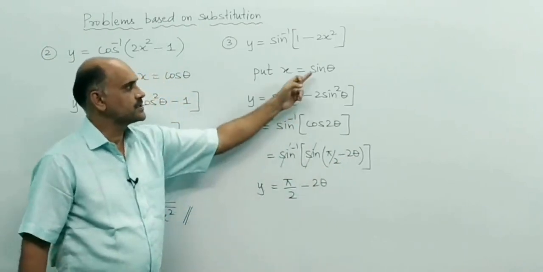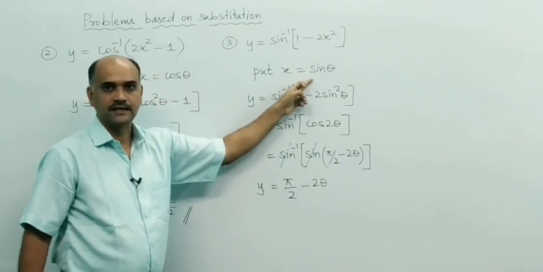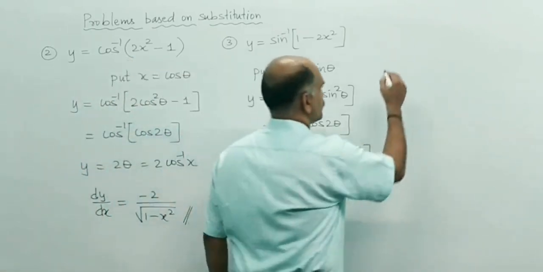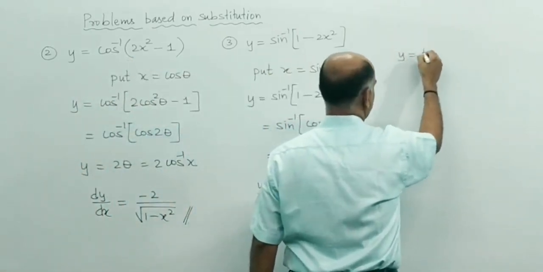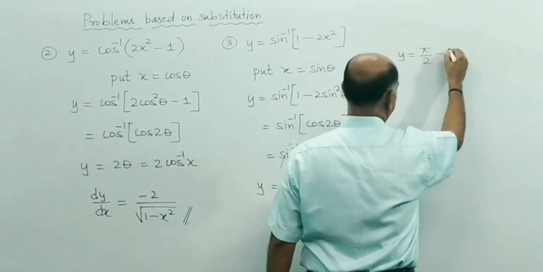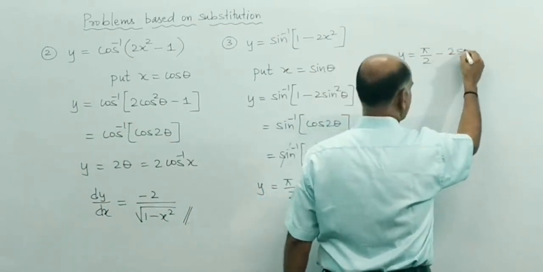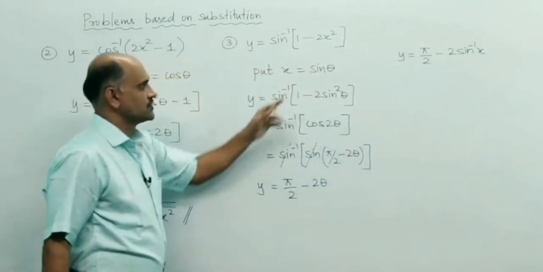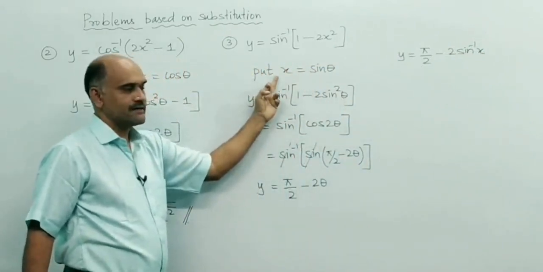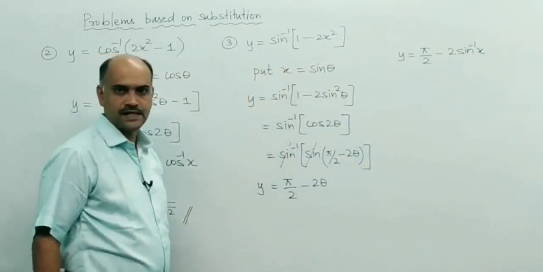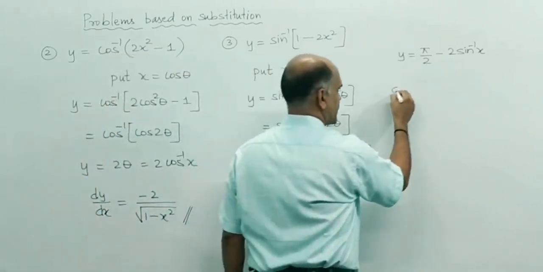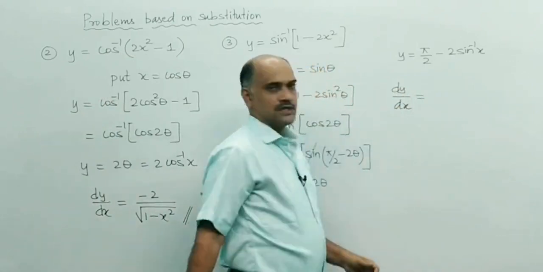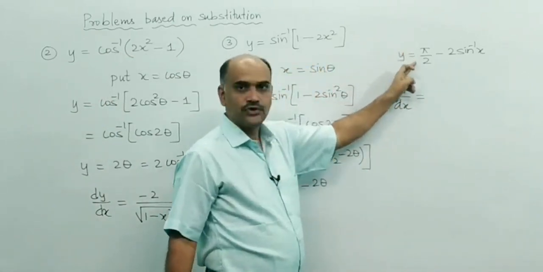Now substitute theta from x equal to sin theta. So theta will be sin inverse x. So you will have y is equal to pi by 2 minus 2 sin inverse x. Now differentiate. dy by dx is equal to: differentiation of pi by 2 is 0.